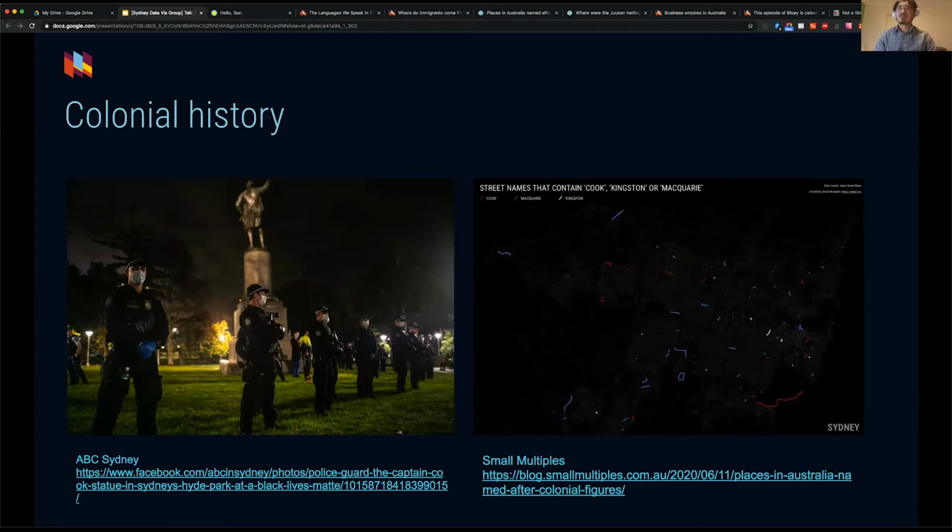I downloaded OpenStreetMap data, and from there it's quite easy. You can just do a filter, find all the streets that contain these names, and color them, highlight them. So in Sydney, you can see that the legacy of the colonizers is left permanently everywhere.